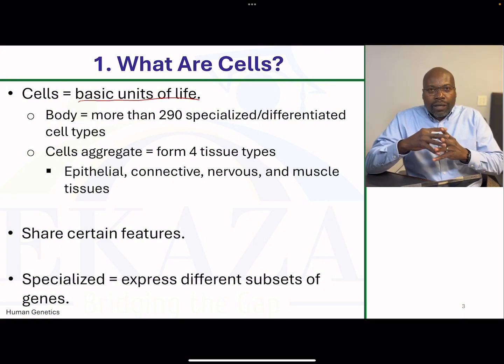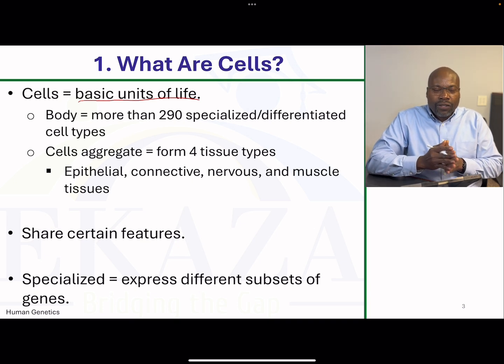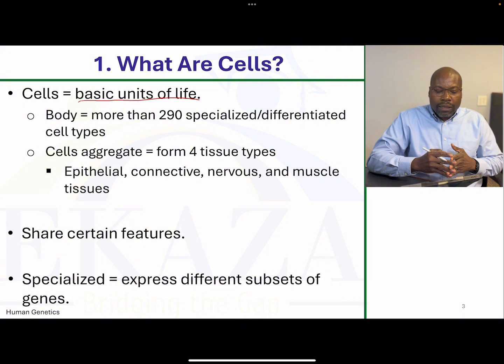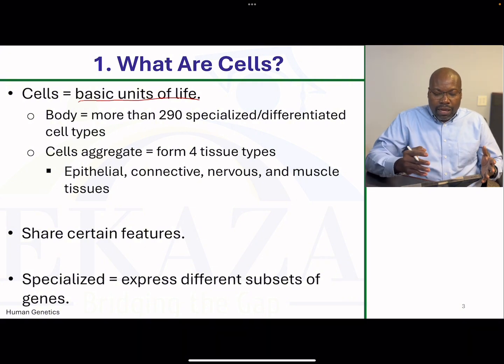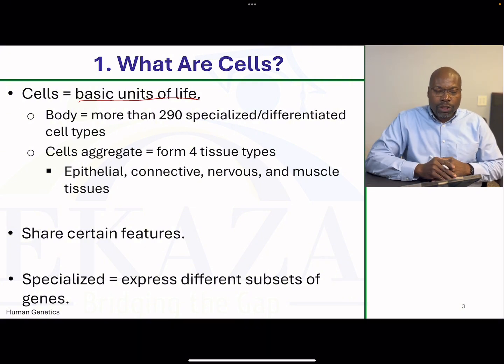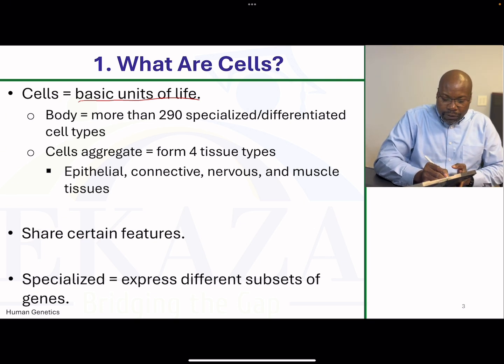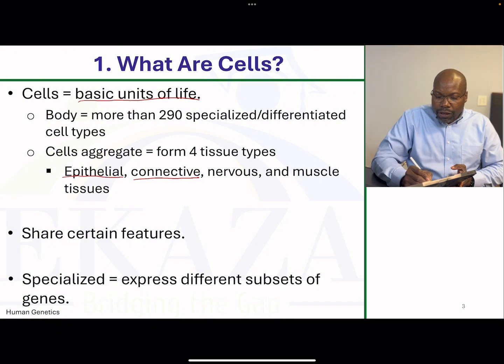As the cells come together, similar cells working toward the same function, they end up forming what we call tissues. There are 4 major types of tissues, including epithelial tissues, connective tissues, nervous tissues, and muscle tissues.